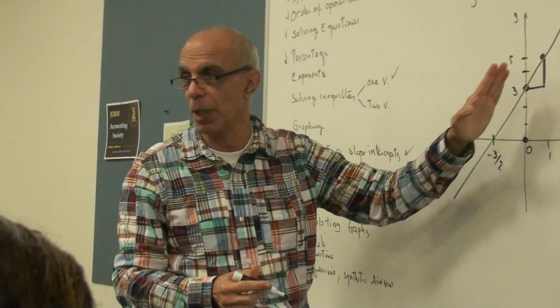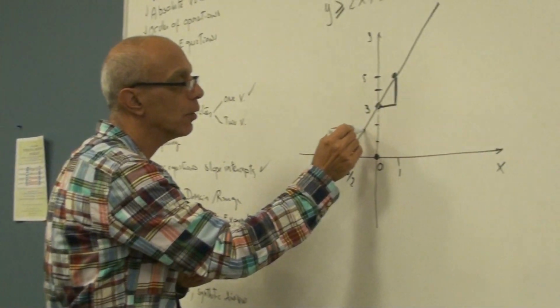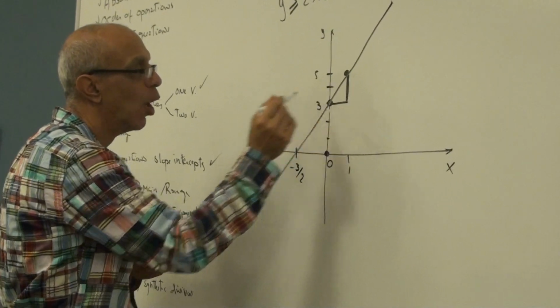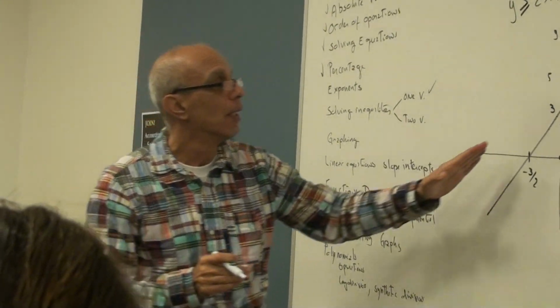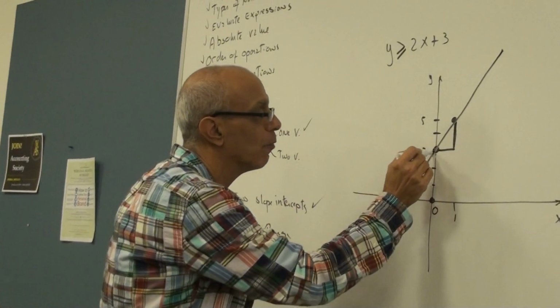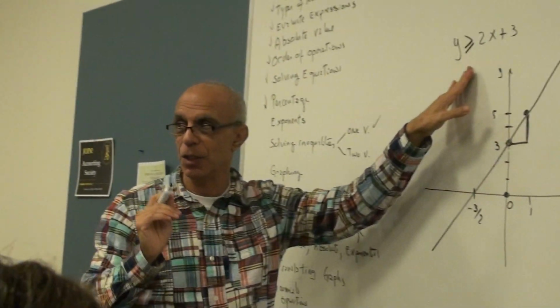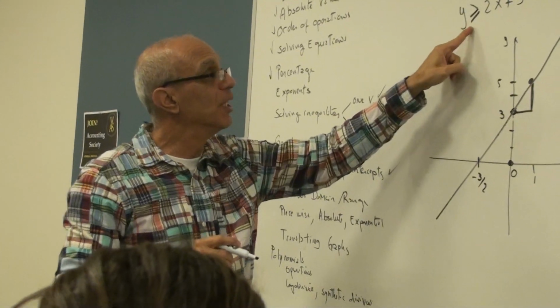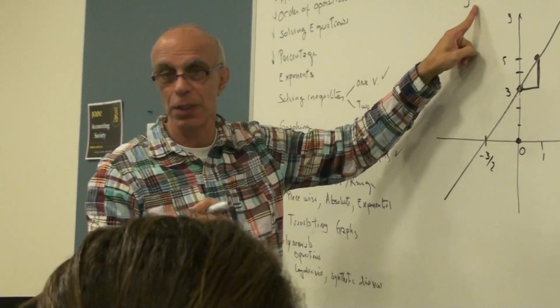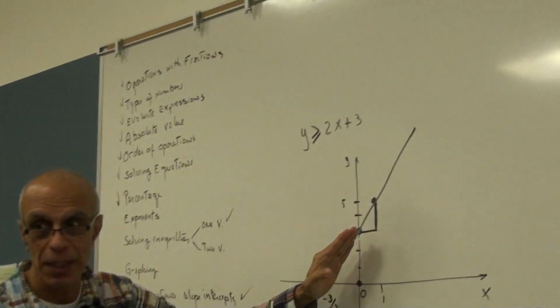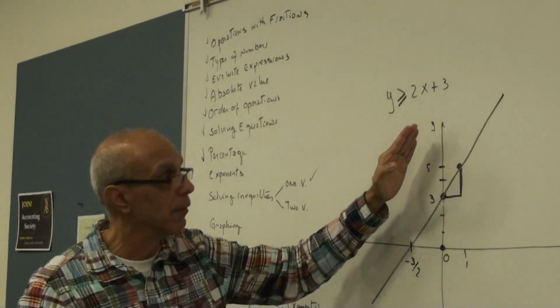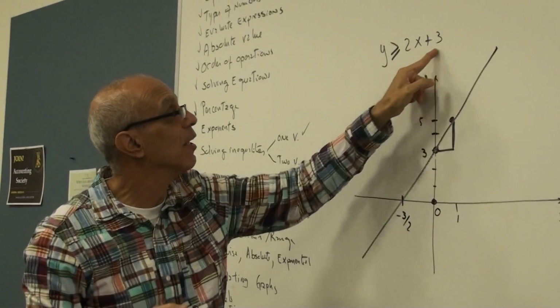The line is a set of points that satisfy the equation. Now, this here is not an equation anymore; it's an inequality. So besides being equal, it is also greater than. So greater than the line.